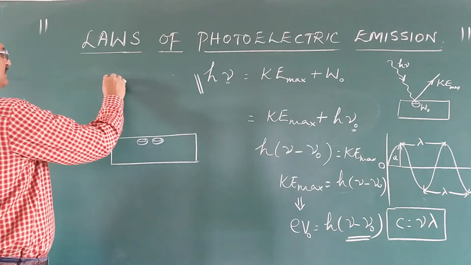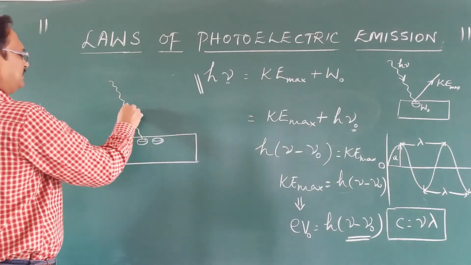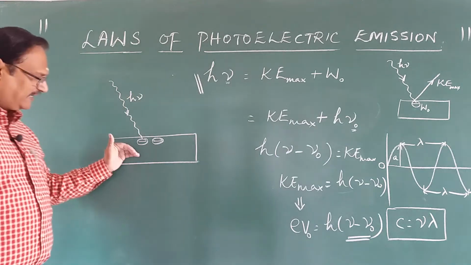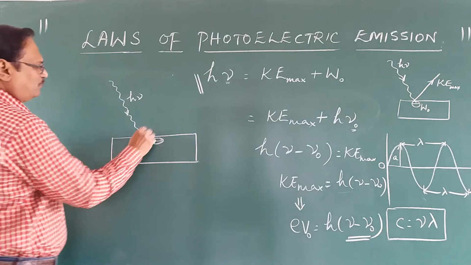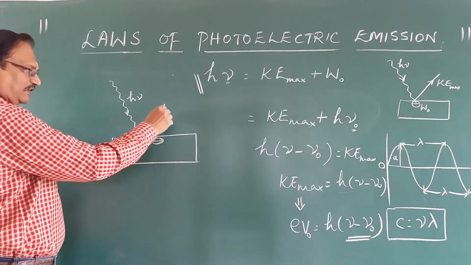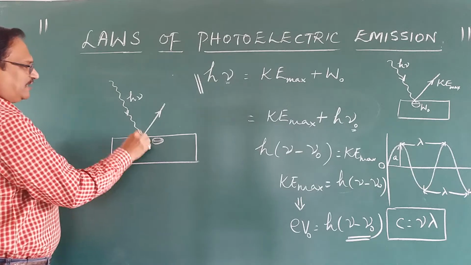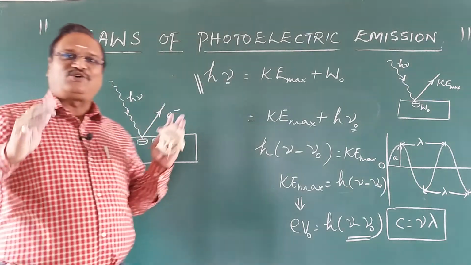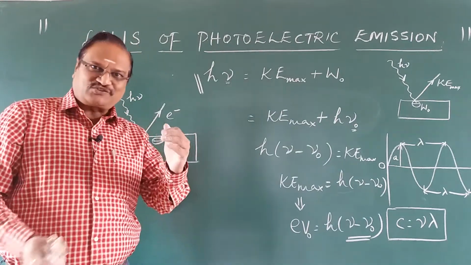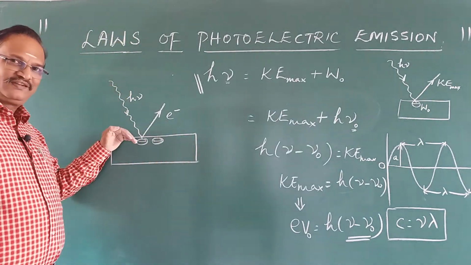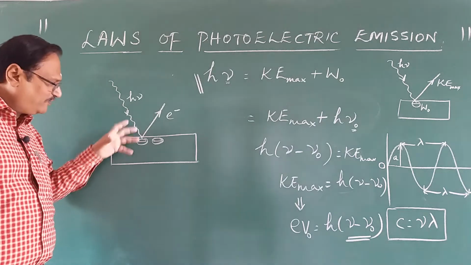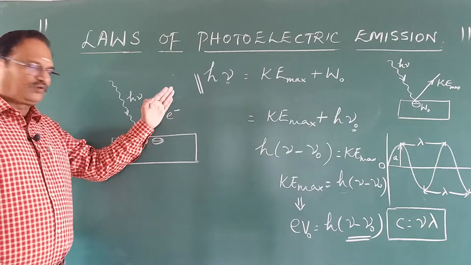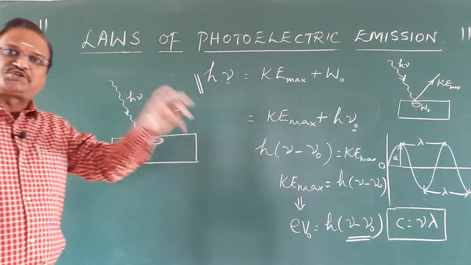What the wave theory says is that when light with energy h nu is incident, there is a small time gap before the ejection of the electron. The light has to come, give its energy to the electron, and take the electron out. This is the wave picture.